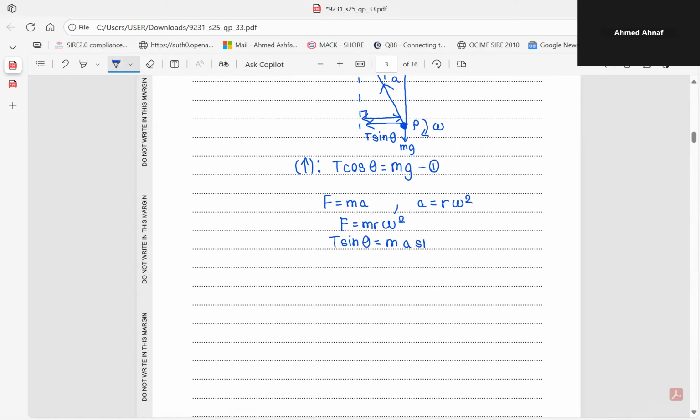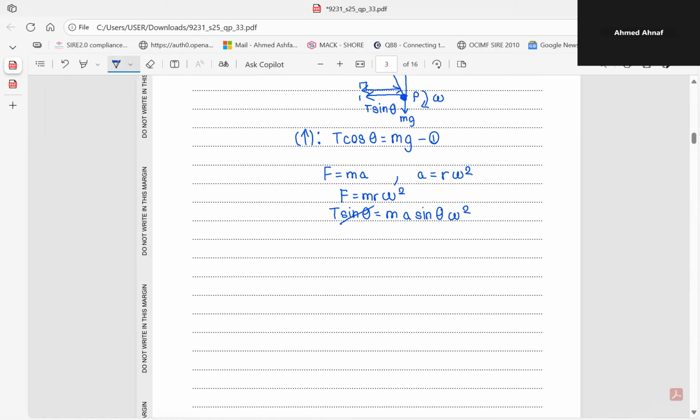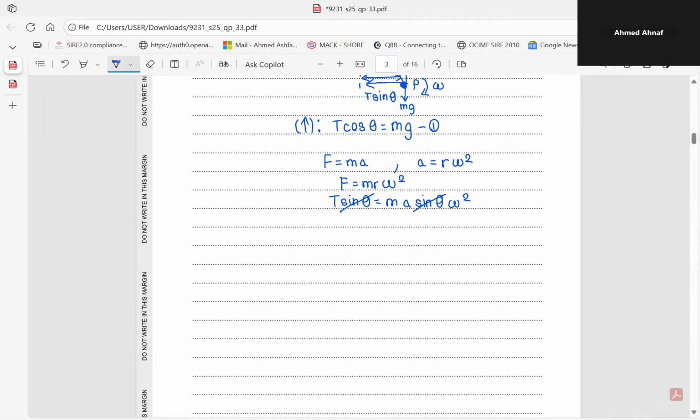So a sin theta omega squared. Okay, so we can see the sin thetas cancel out. So we only have T equals m a omega squared. So this is our second equation.